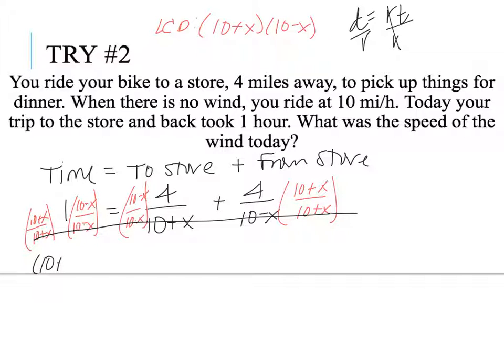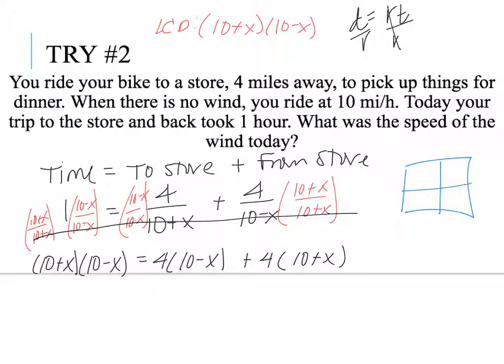So I get 10 plus x times 10 minus x equal to 4 times 10 minus x plus 4 times 10 plus x. Okay, let's do a box for this first one. 10 plus x, 10 minus x, so that's 100, negative 10x, 10x, negative x squared. Those are gone, so that's 100 minus x squared.